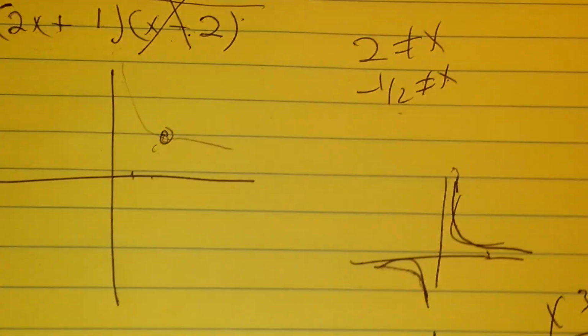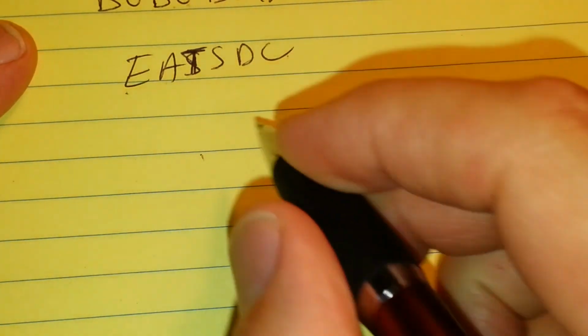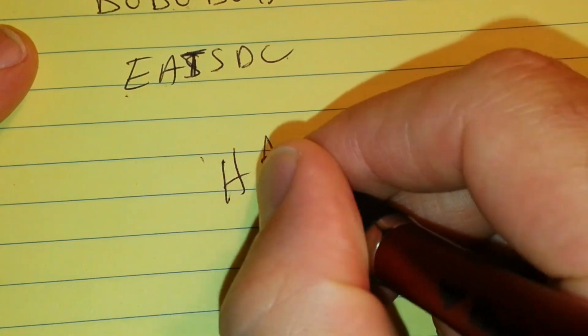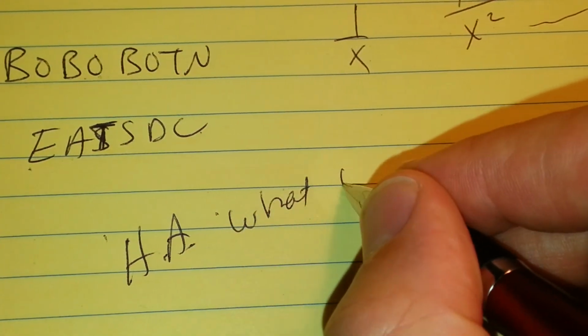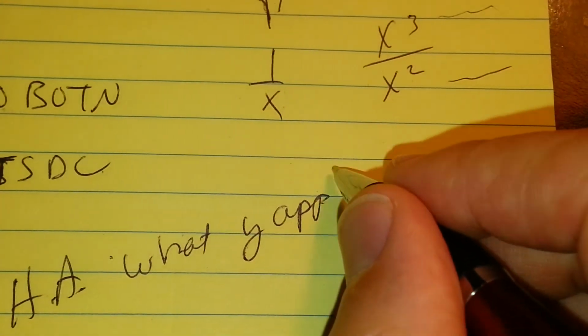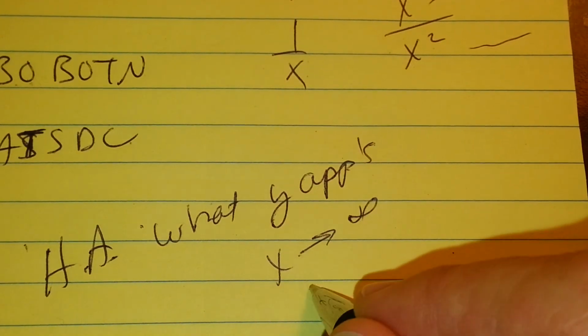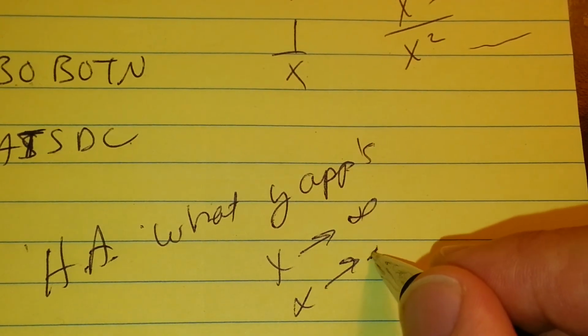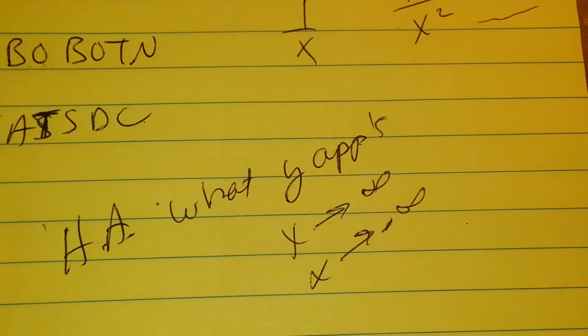Your horizontal asymptotes are all about what y approaches as x gets very big or x approaches negative infinity, very small. What's your graph going to hit on a y value?